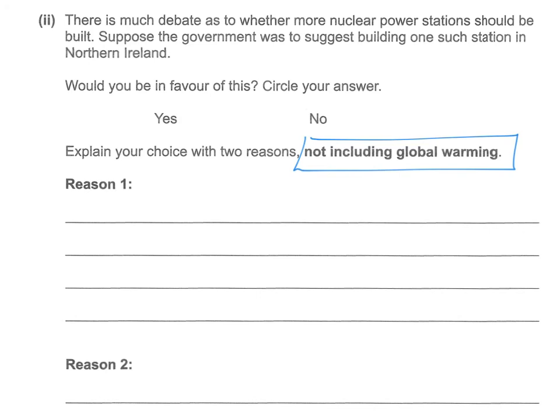So there could be plenty of reasons why we would go on the other side, on the no side. And the cost of decommissioning a station like that when it's ended its useful life could be very, very negative. Okay.